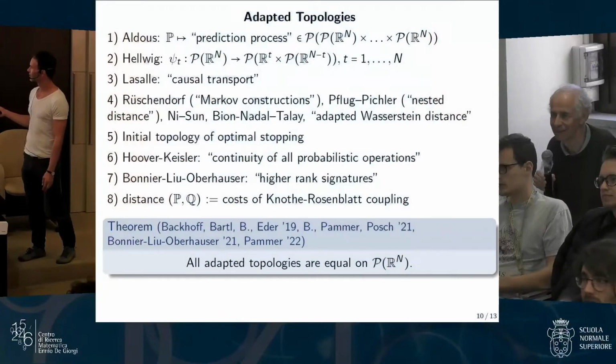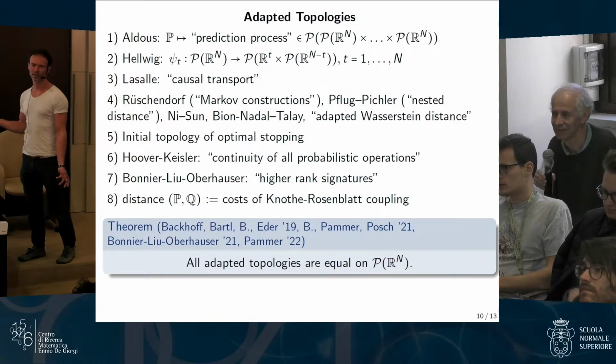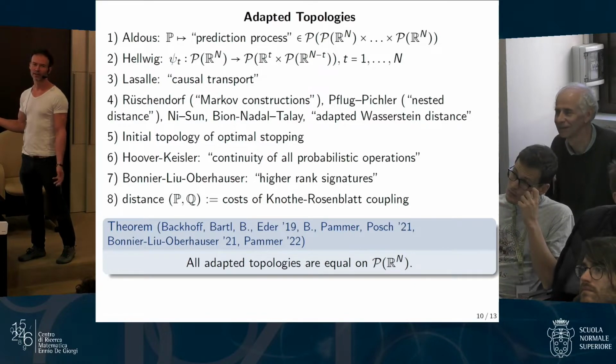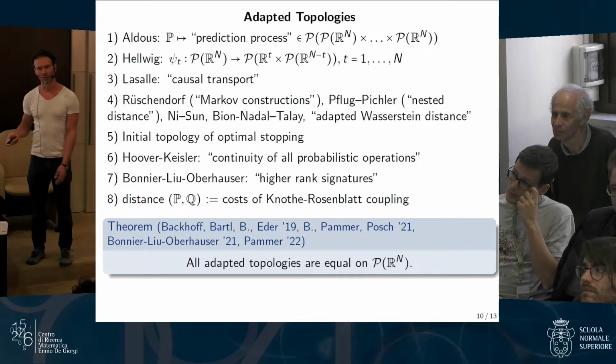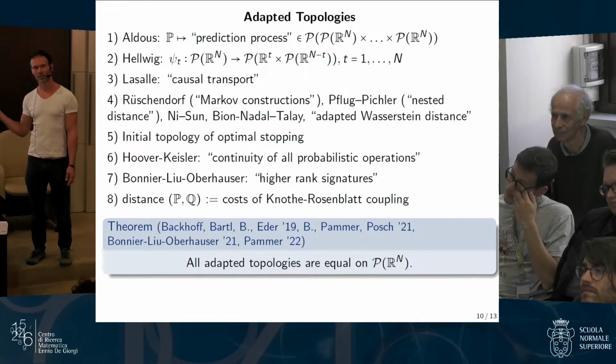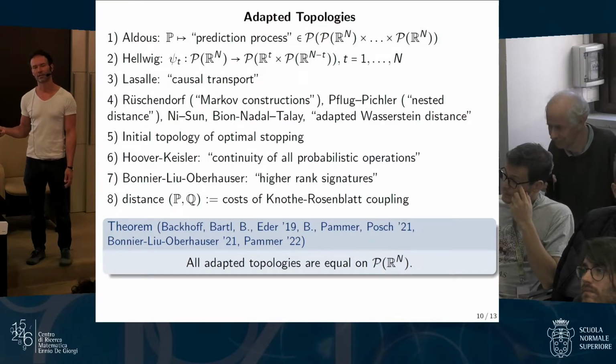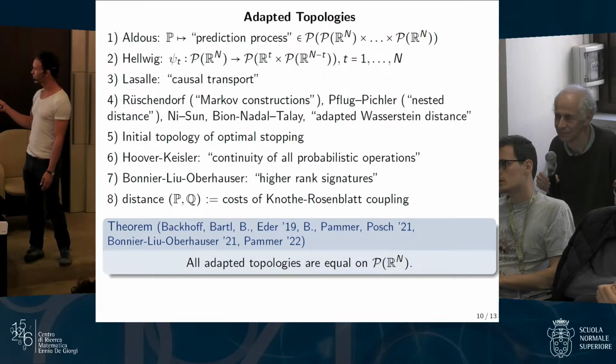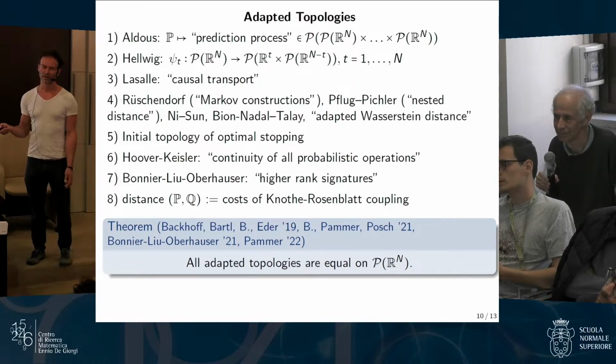So the topologies are the same, but these metrics are actually not equivalent. And the completions with respect to these metrics are also of different size. This would mean that other topologies or metrics would fail to distinguish stochastic processes which you should distinguish.